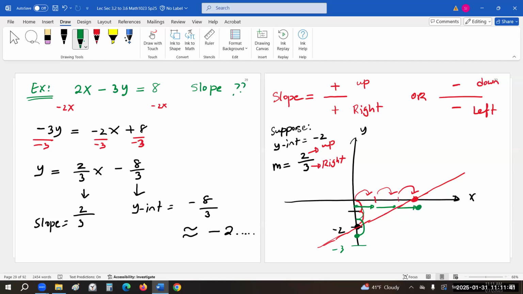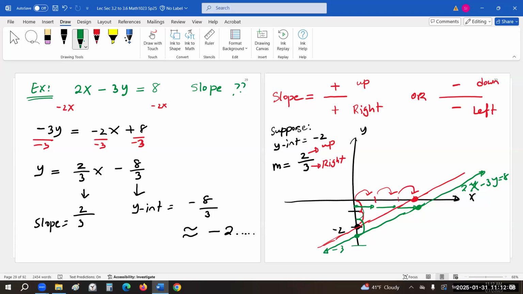It's somewhere here. So the green one is actually our real line for 2x minus 3y equals 8. The red one is an approximation because we assumed the intercept was a whole number. But the green one is more precise, more accurate.